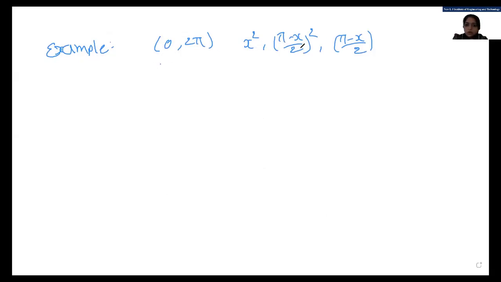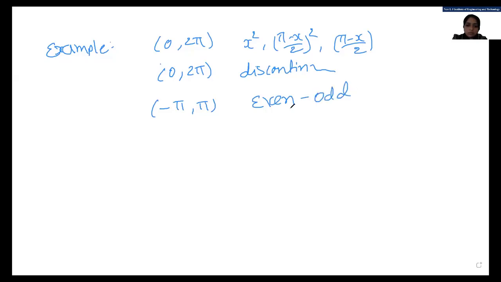These are all continuous functions. Then we did examples with period 2 pi for discontinuous functions. Then we did examples for minus pi to pi for the even-odd concept.